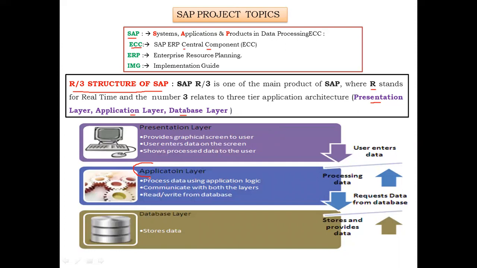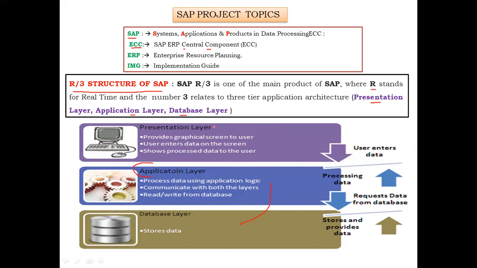This application layer goes to the database where all the data is stored, does the logic in the application layer, and again displays to the user as 5. That is 2 plus 3 is equal to 5.